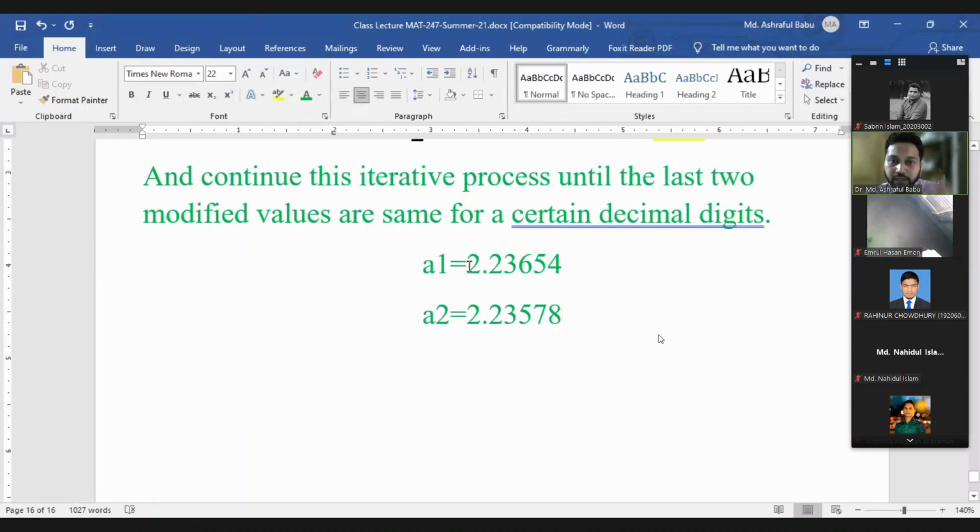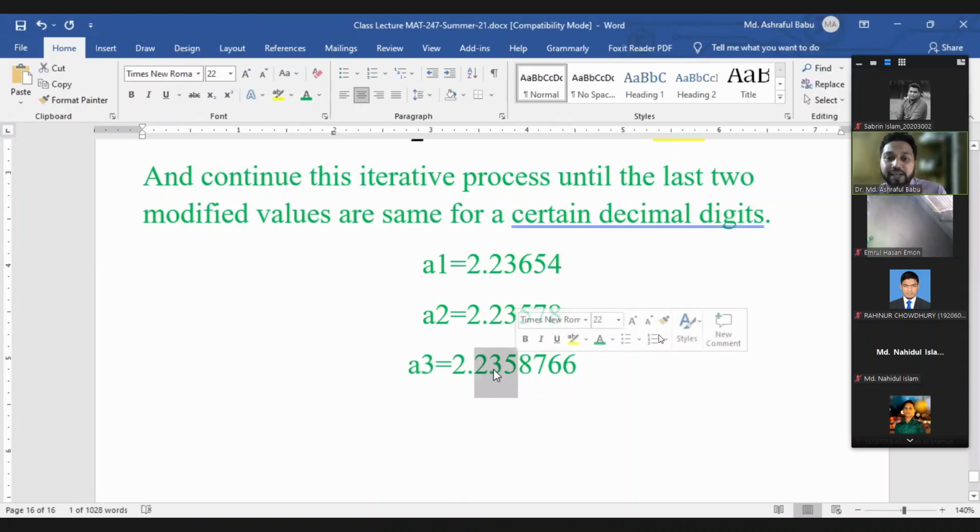Here, 2 decimal places are the same. In A1 and A2, 2, 3 and 2, 3 are the same, but the rest of the results are not the same. But if you find A3 equal to 2.235 and some other values, now look at A2 and A3: 235, 235 are the same. That means up to the 3rd decimal place they are the same.